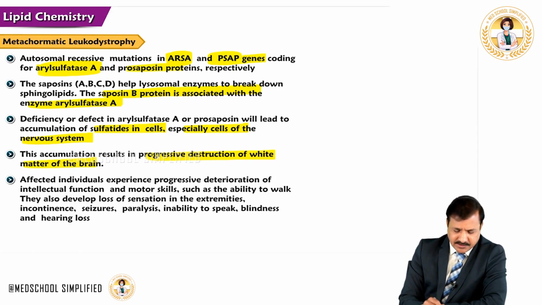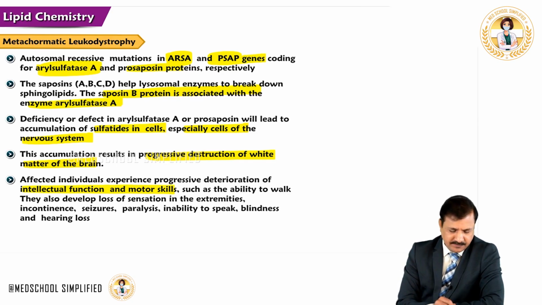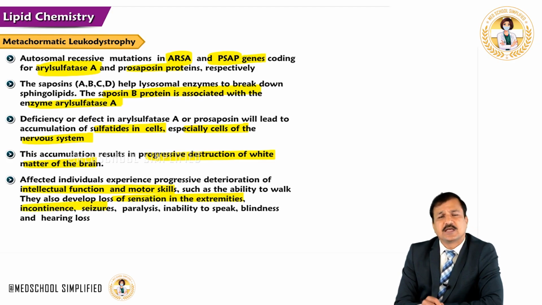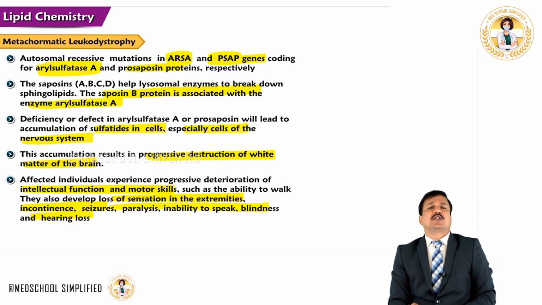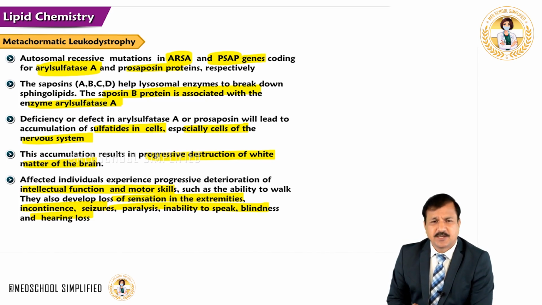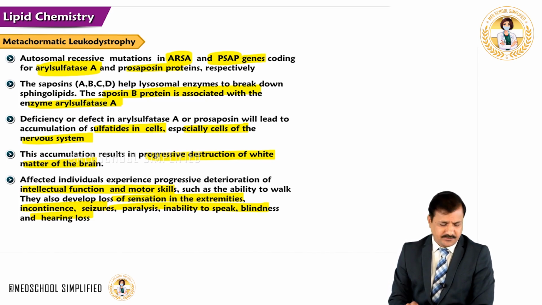The affected individuals experience progressive deterioration in intellectual functions and motor skills, such as the ability to walk. They also develop loss of sensation in the extremities, incontinence, seizures, paralysis, inability to speak, blindness, hearing loss. These are extremely neurological signs and symptoms that you see here in metachromatic leukodystrophy.